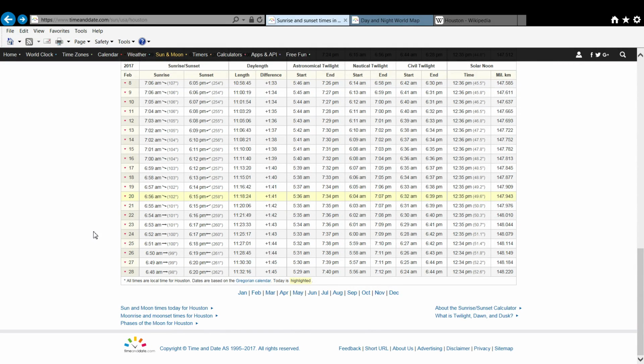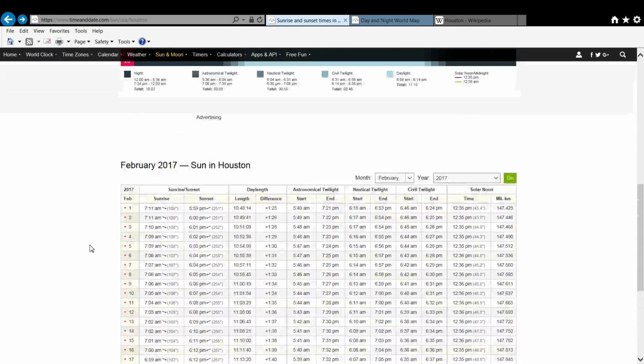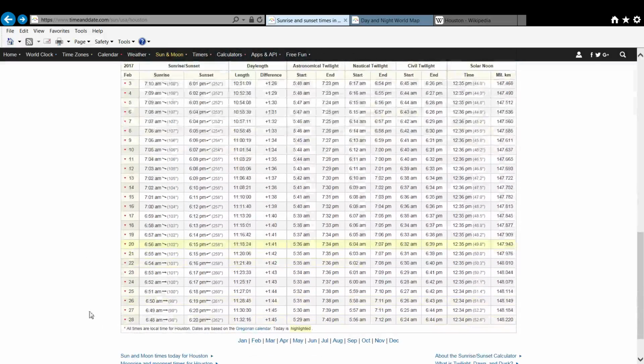As you can see, that's highlighted right there. I've already set the location to Houston in the website. So this website shows for a viewer in Houston, and we're going to use tomorrow as our example.